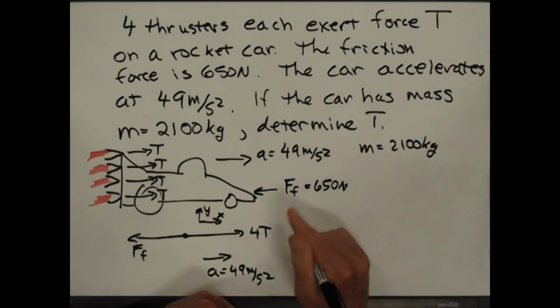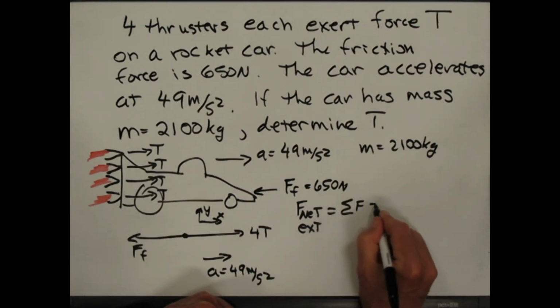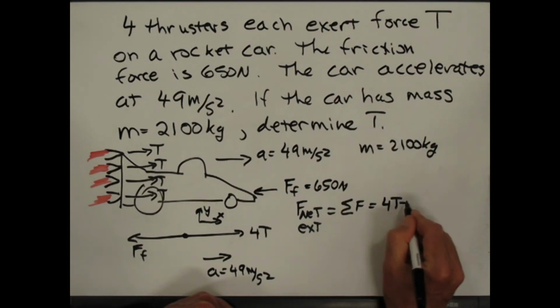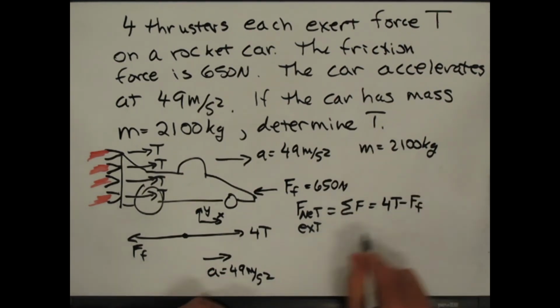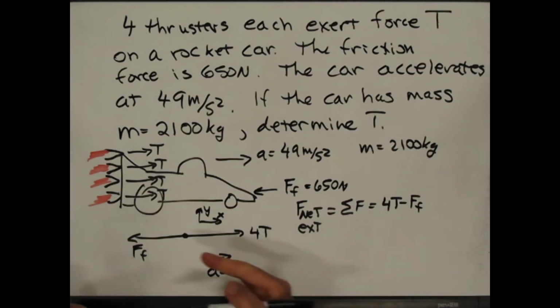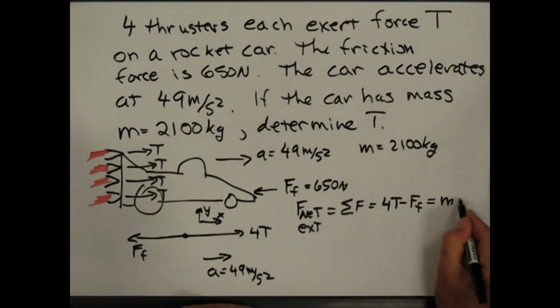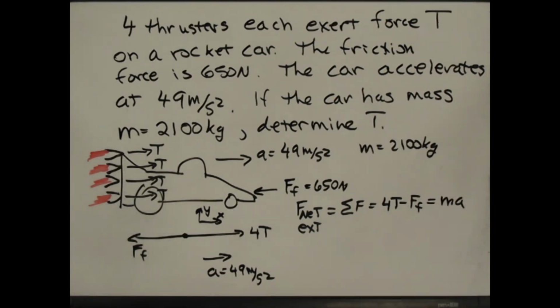The net external force, which is the sum of the forces, is 4T minus F_F. These are going in my positive x direction, this one's going in my negative x direction, and that equals the mass times the acceleration.